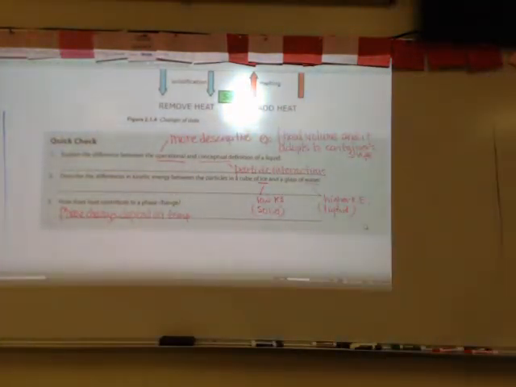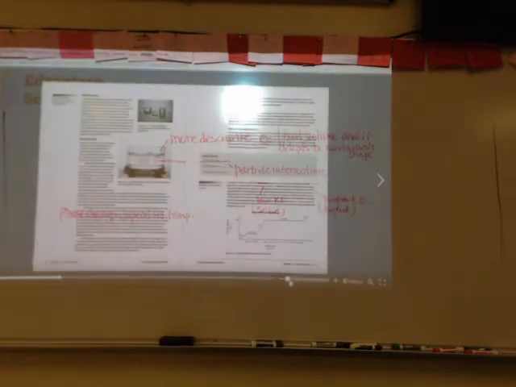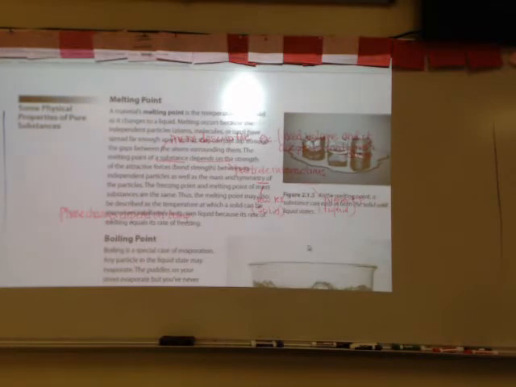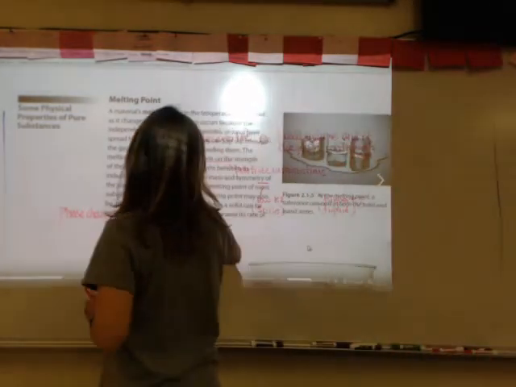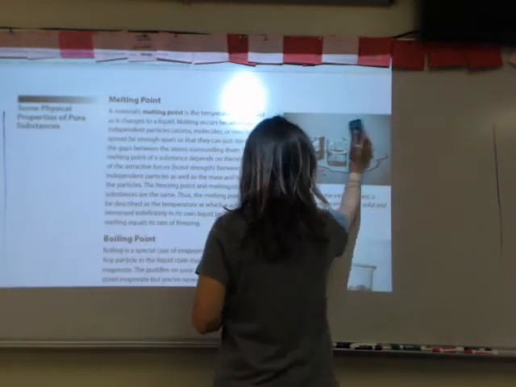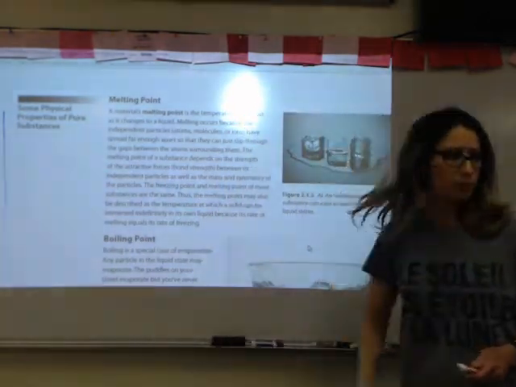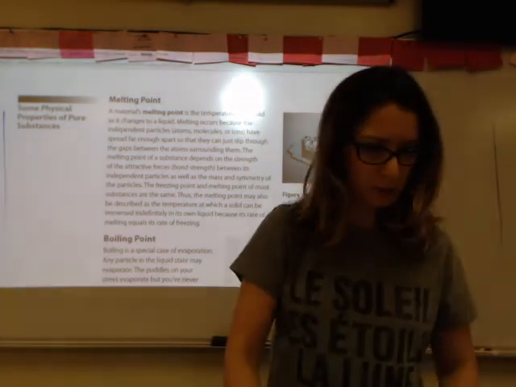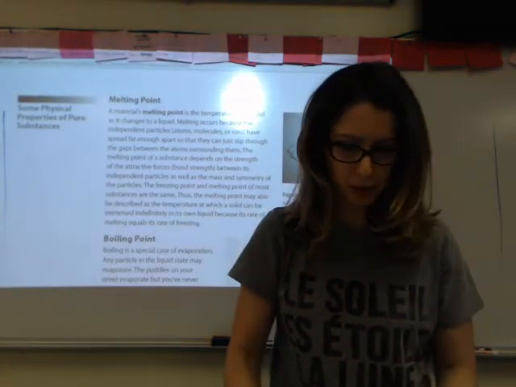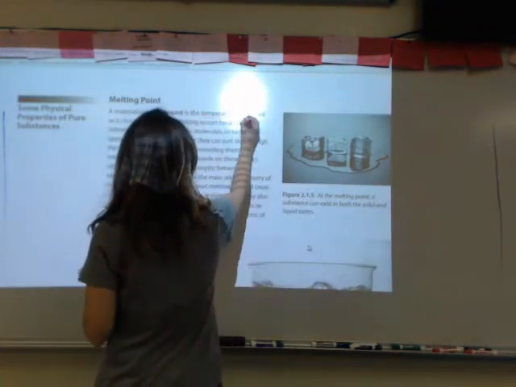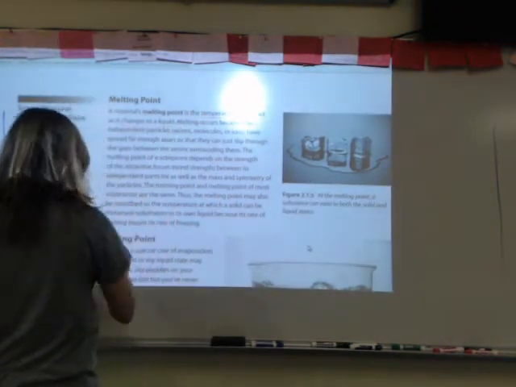Let's move on to the next page where they talk about melting point and boiling point. So a material's melting point is the temperature of its solid as it changes to a liquid.